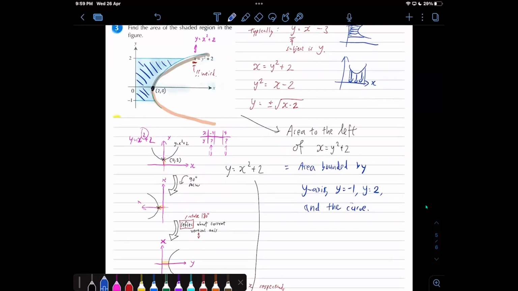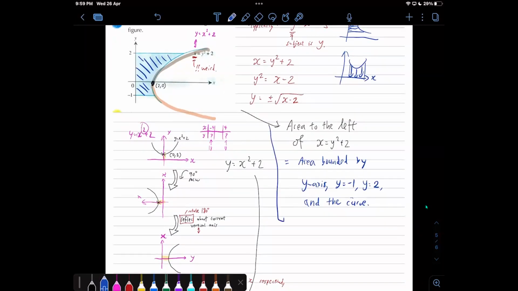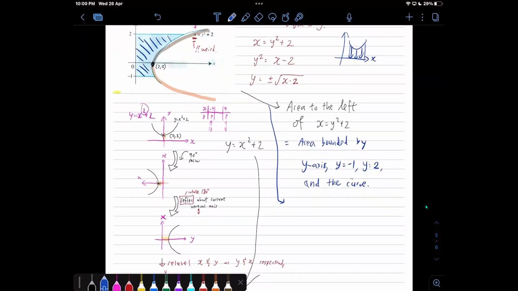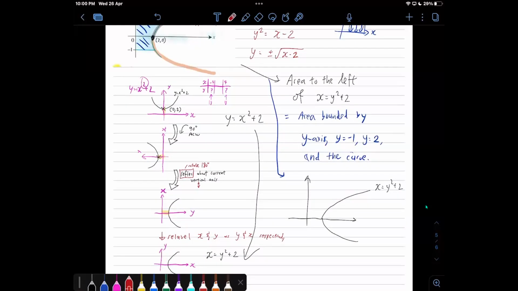What do I mean? What I mean is I can redraw the curve. If I take this current graph like this, this is x equals y squared plus 2. I can reflect it about y equals x. Okay, here's y equals x.